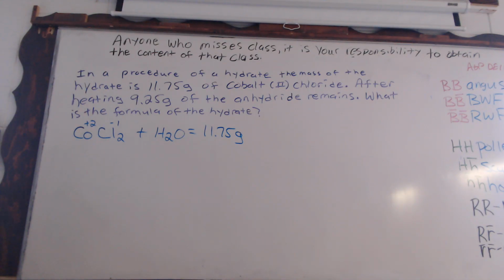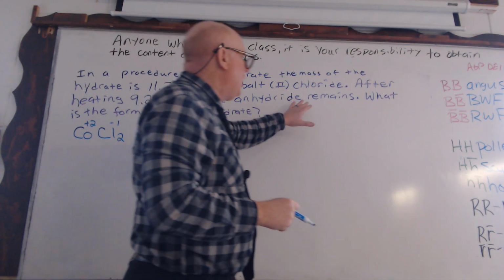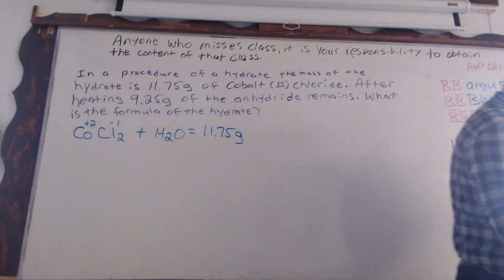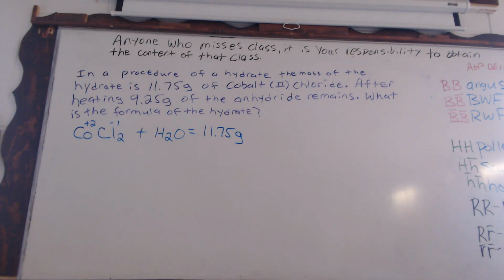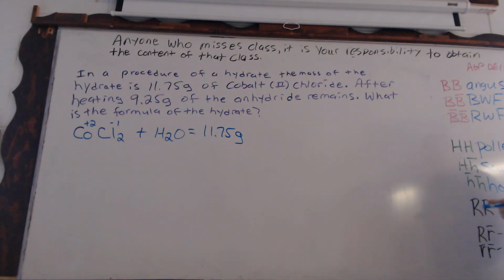So why is it significant that it says we have this many grams of the anhydride? What does that mean, do you think, when we say anhydride? Yeah, the water has been driven off. So that must be significant for a reason to give you two numbers here.